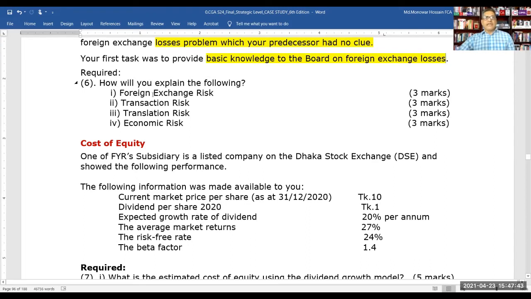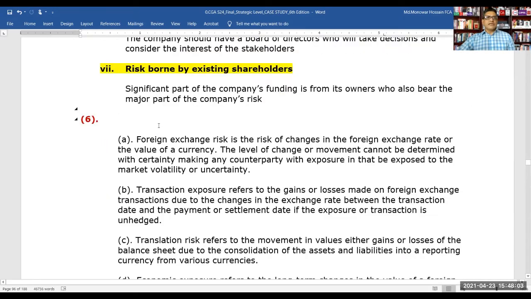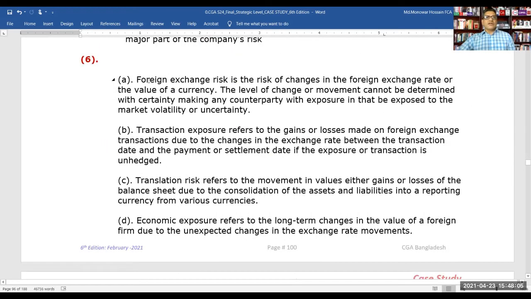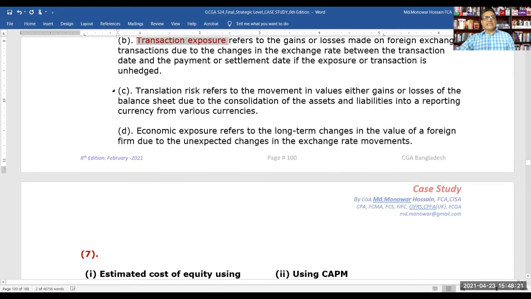How will you explain the following? Foreign exchange risks, transaction risks, translation risks, economic risks. So here, foreign exchange risk, this is transaction exposure risk, this is translation risk, and this is economic exposure risk.